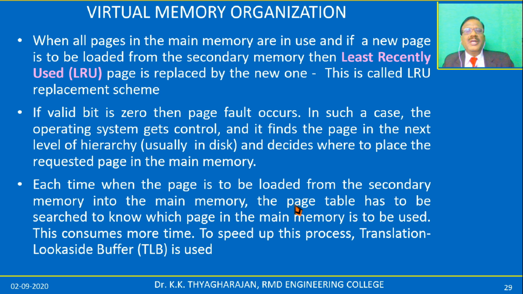Each time a page is to be loaded from the secondary memory into the main memory, the page table has to be searched to know which page in the main memory is to be used. So this consumes more time because it has to search the complete page table. It is somewhat a big table. So to speed up this process, a translation look-aside buffer is used.